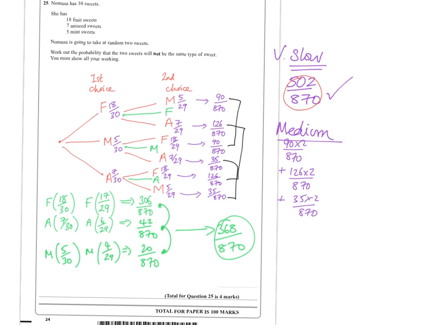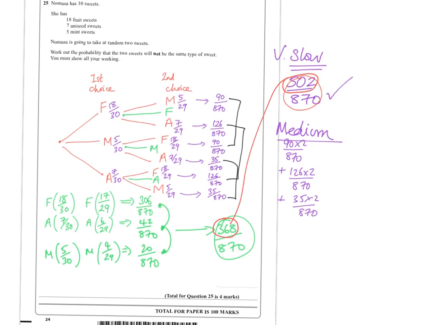Now, why is that the really fast way? Well, some of you have probably guessed already that if the question said work out the probability that the 2 sweets will not be the same type, and we work out the probability of getting the same type, then we can just say that all the probabilities must add up to 1. So it would be no surprise for some of you to spot that this 368 plus the 502 makes 870.